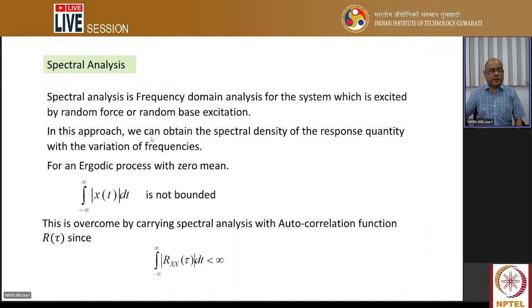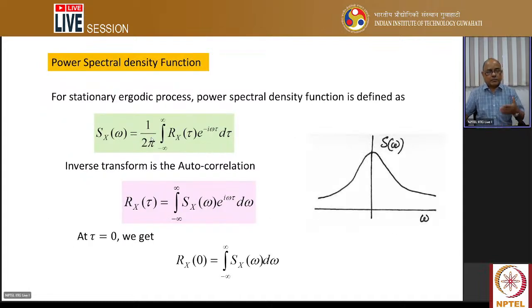Then we have spectral analysis. The basic thing of spectral analysis is that instead of a forcing function, the spectral density of the excitation, whether it is earthquake, wind, or any other excitation, must be known.